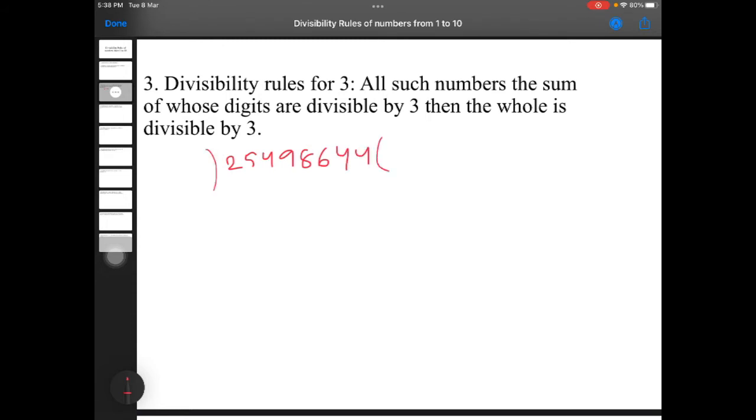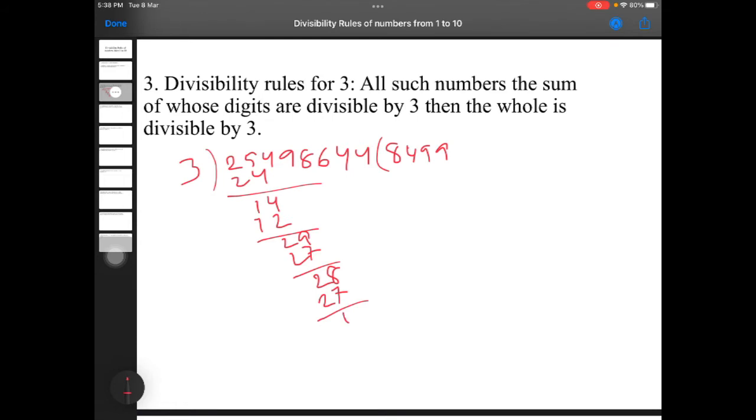Let's try to divide 25498644 by 3. 3 times 8 is 24, then 4, then 12, and 2, 9, 27, again 2, then 8, again 9, 27, then 1, then 6, 6 will go with 5, 15, 1, then 4, 4 will go by 4, 12, then 2, and then plus 4, then it will go by 8.